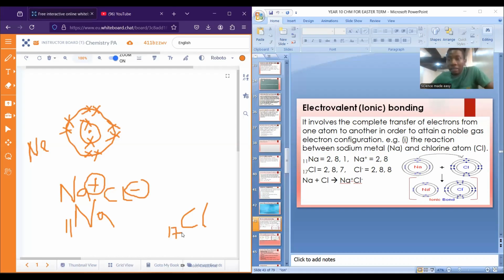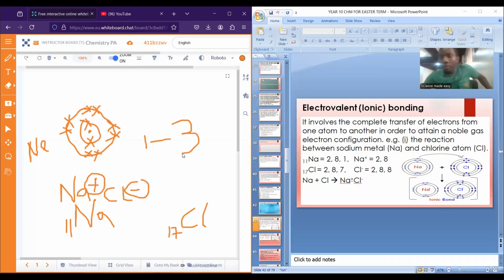One thing is that if an element contains about 1 to 3 electrons in the outer shell, the number of electrons needed to form a stable structure is 8. So you can see it is far from it. It does not even get to half, so it can give it out.